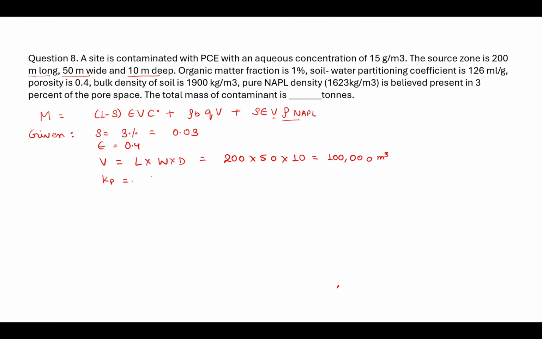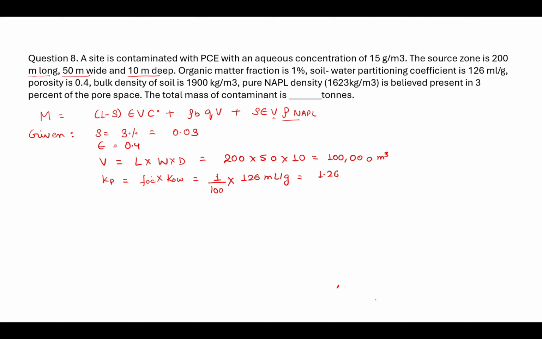The partition coefficient will be FOC into KOW. The organic matter fraction is 1%, so 1 by 100 into soil water coefficient, which is 126 ml per gram.